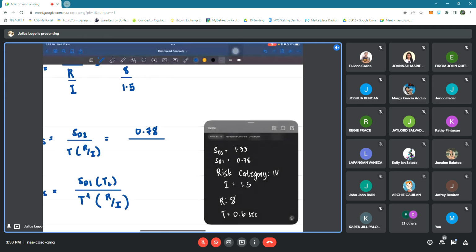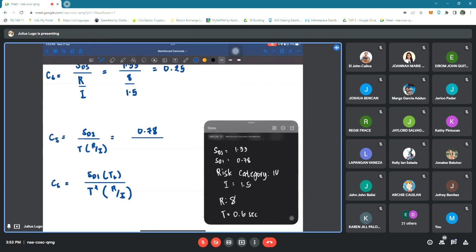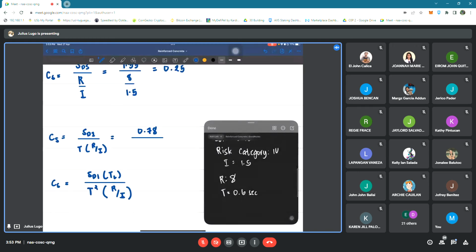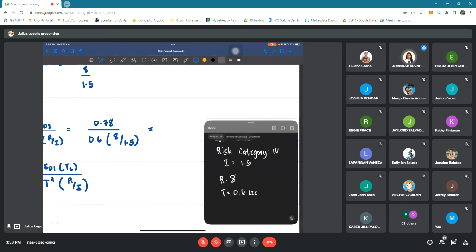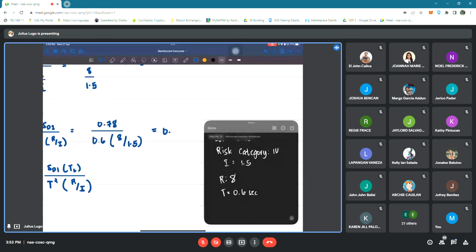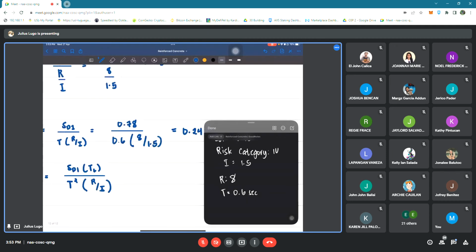So this is 0.78 divided by, what is our fundamental period earlier? That's 0.6 multiplied by 8 over 1.5. What's the value of this? 0.24. How about this?